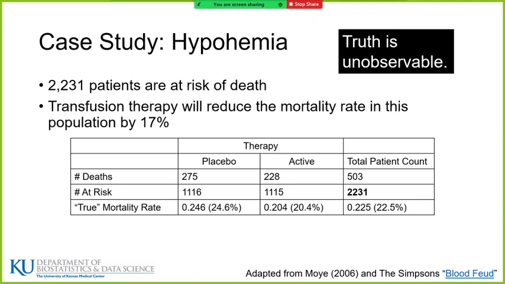Suppose the truth is that there are only 2,231 patients at risk of death due to a condition. So that's the entire population.